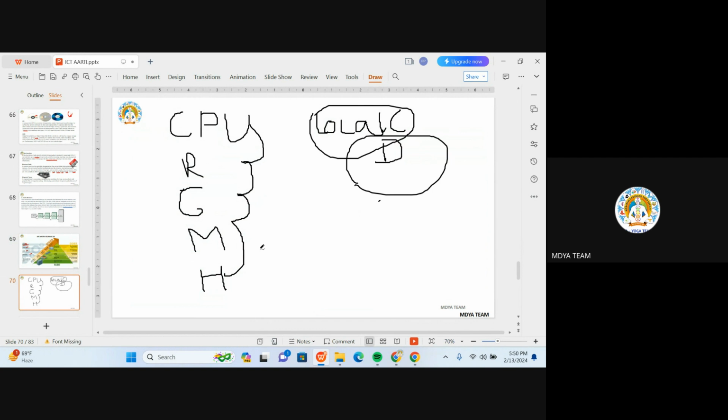That address is called the logical address. Please note this down. The address given to the secondary memory is the logical address, and the CPU generates a logical address.